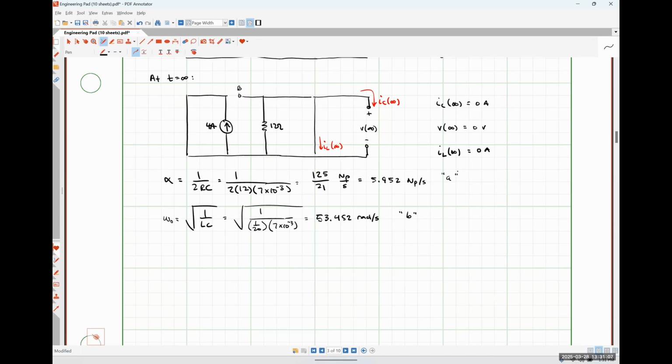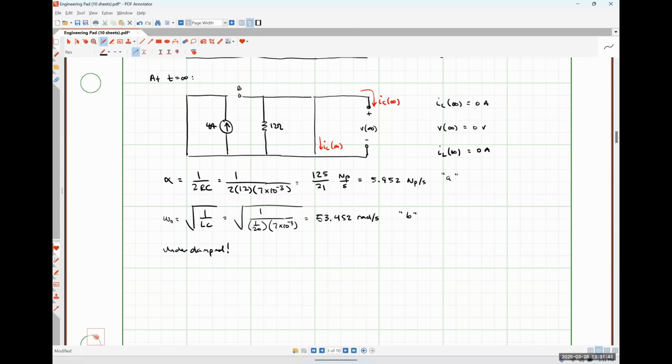Okay. So based on these results, is this system overdamped, critically damped, or underdamped? Underdamped, okay? So because omega naught is greater than alpha, this is an underdamped system. So that means that we are going to use the underdamped part of our table, okay?